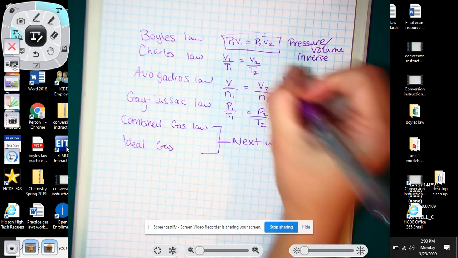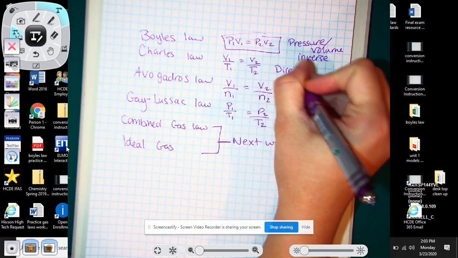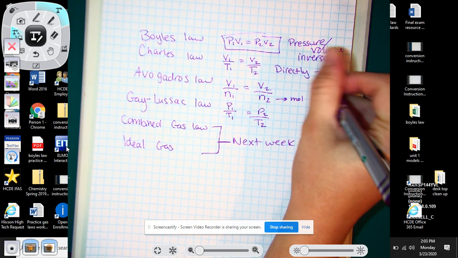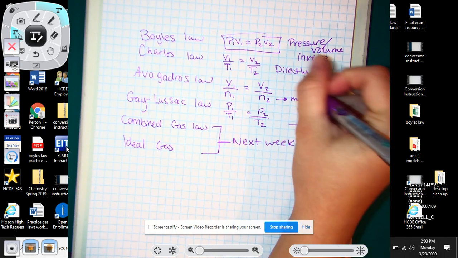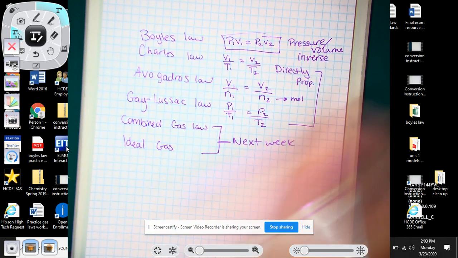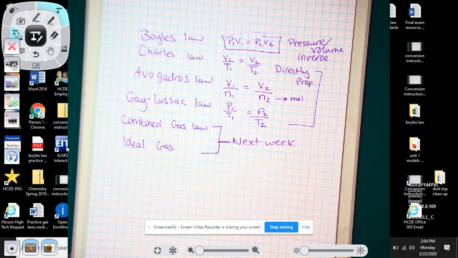Charles' law and all of these three we're learning this week are directly proportional. So in Charles' law, if volume goes up, temperature goes up. For Avogadro's, volume goes up, number of moles goes up. Gay-Lussac's, if pressure goes up, temperature goes up. So they're directly related in how they work.